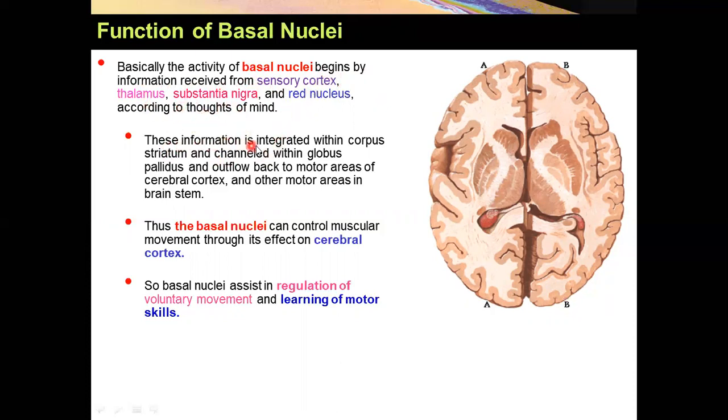So this information is integrated within corpus striatum and channeled within globus pallidus and outflow back to the motor areas of the cerebral cortex and also other motor areas in the brain stem. Therefore, the basal nuclei can control muscular movement through its effect on cerebral cortex here. Subsequently, basal nuclei assist in regulation of voluntary movement and learning of motor skills.